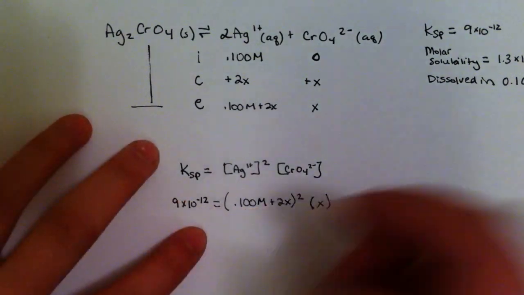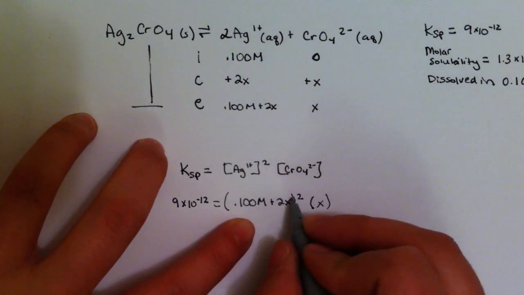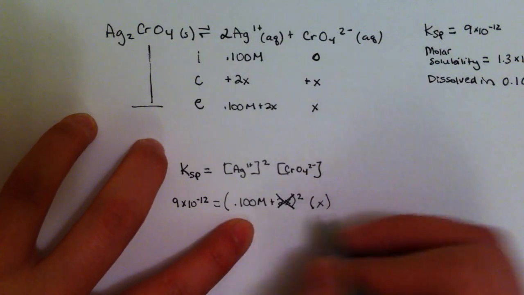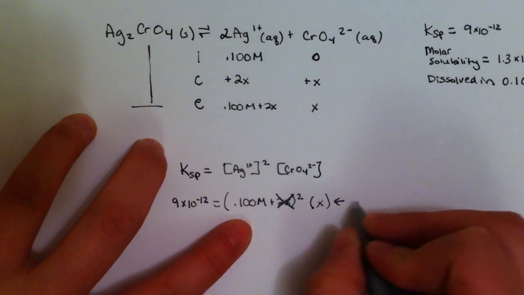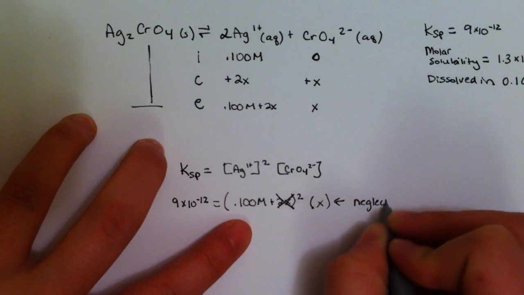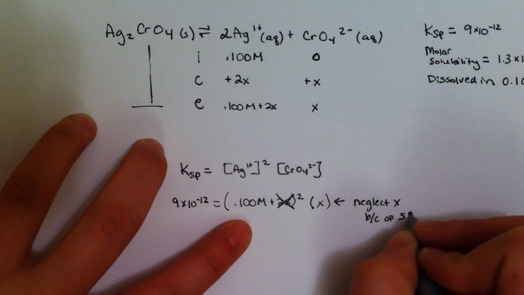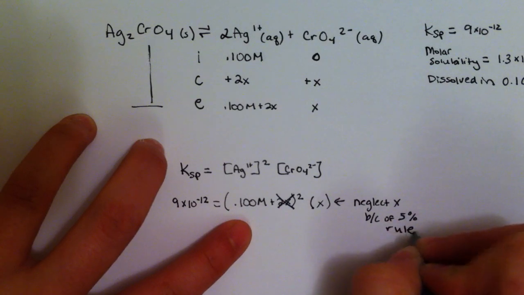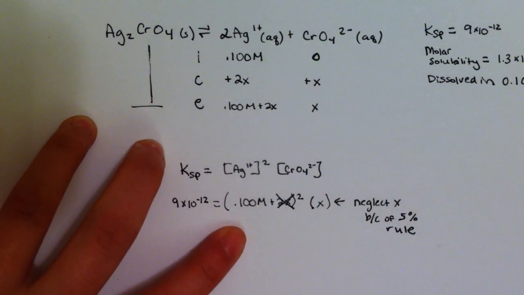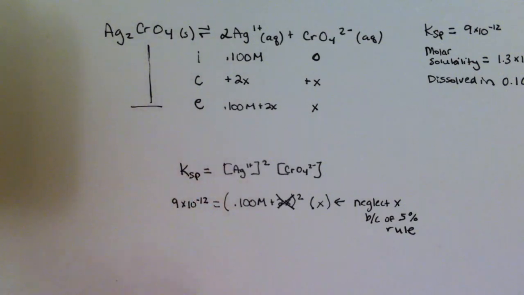I'm trying to do it in my head. But we're going to neglect the x because we're going to assume that it's smaller. And then we'll just write neglect x because of 5% rule. Okay, we'll check it at the end to make sure that it is less than 5%.